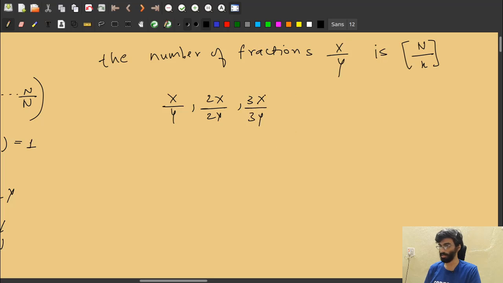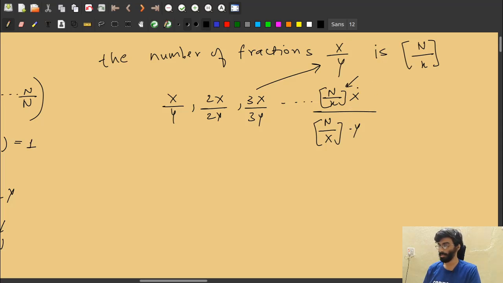All these fractions give x by y after being reduced to irreducible form, going up to floor of n by x times x by floor of n by x times y.